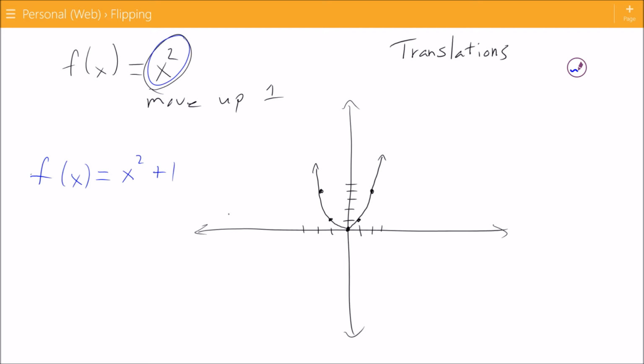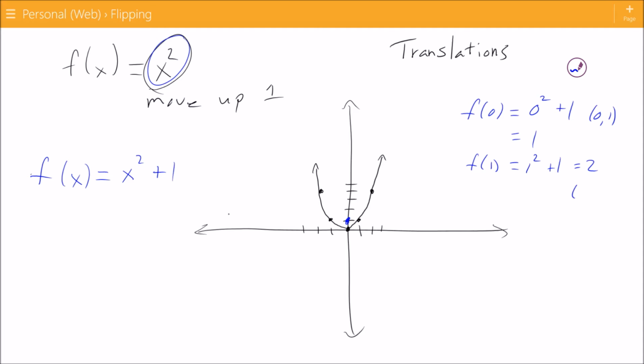Let's test this out. I can start plugging in some values. f of 0 is equal to 0 squared plus 1, which is 1. So I've got the coordinate 0, 1. That goes right there. f of 1 is going to equal 1 squared plus 1, which equals 2.